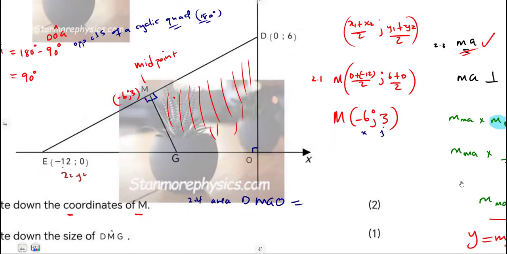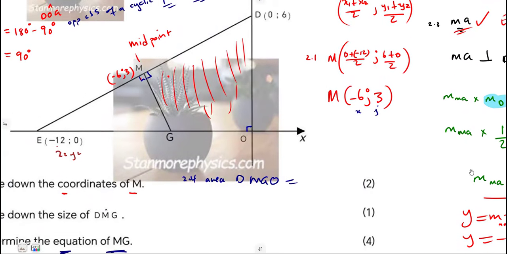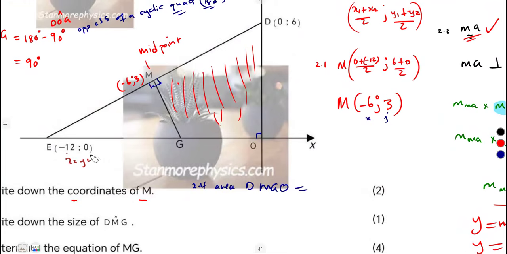So working with the bigger triangle, it is going to be the area of triangle DOE minus the area of this smaller triangle, which is triangle MGE, M to G to E.